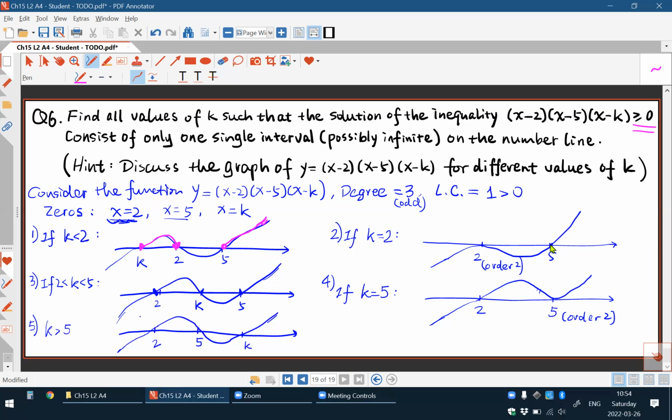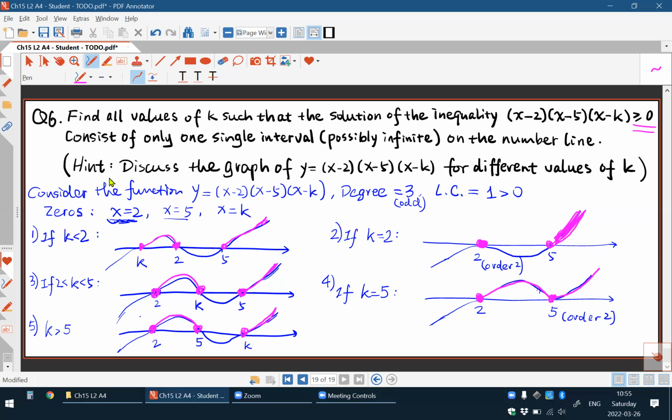It's just from here to here, right? And remember that this point will also be included. And the third case is from here to here, then from 5 to positive infinity. Then in the next case, this must be from 2 to 5, and from 5 inclusive to positive infinity, right? And the next one is this interval, then this interval.